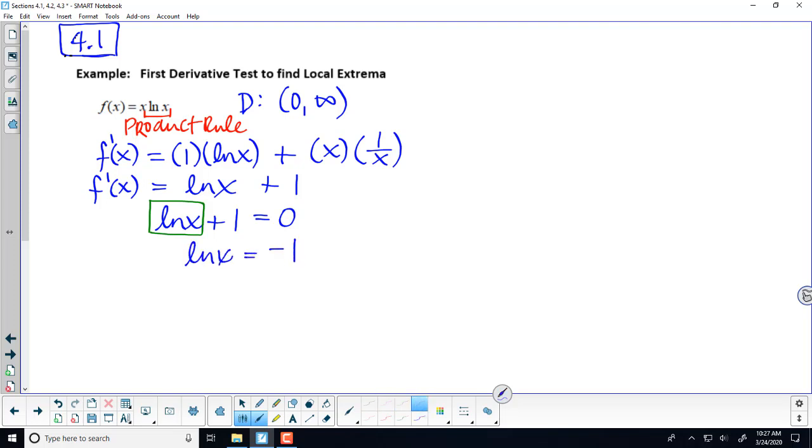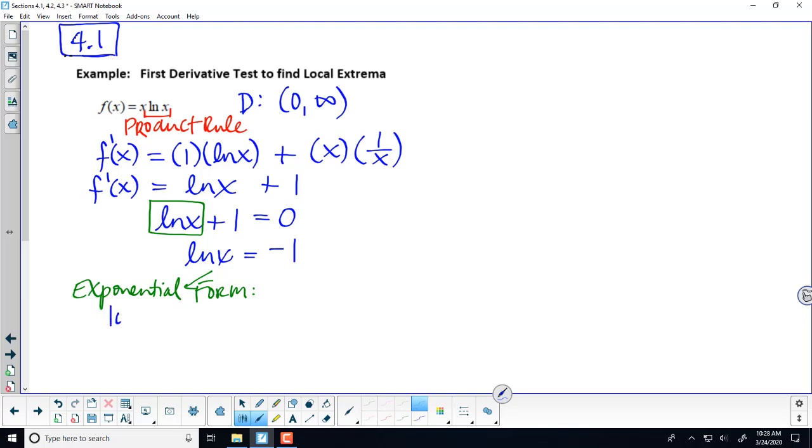And then we have to rewrite this in exponential form. Okay, so if you remember, natural log is base e.